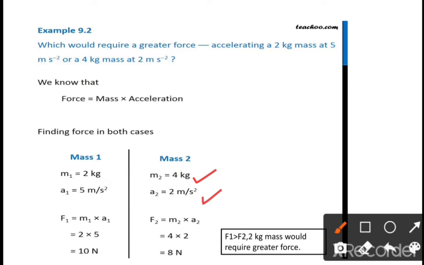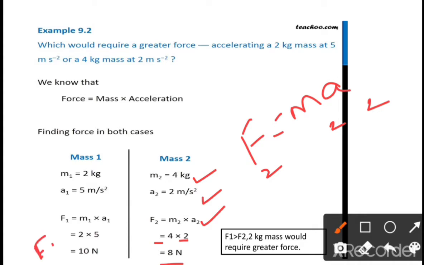F2 equal to m2 into a2. The value of m2 is 4 and the value of a2 is 2. When we multiply 4 into 2, we get 8 Newton. So between F1 and F2, which would require a greater force? The 2 kilogram mass requires the more force.